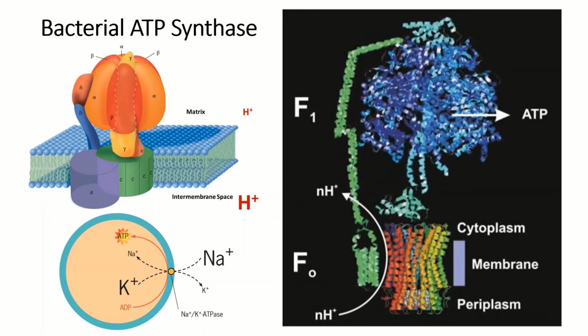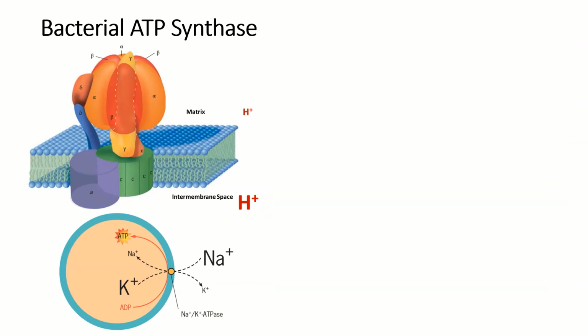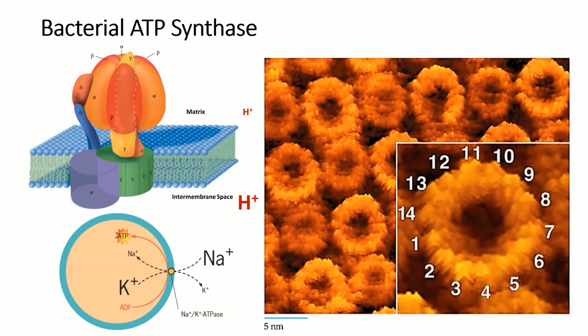So this is a ribbon model of the complex. So it's made up of several protein polypeptides. In fact, it's a factory, a giant factory. Here is a view of the ATP synthase from the intermembrane space.